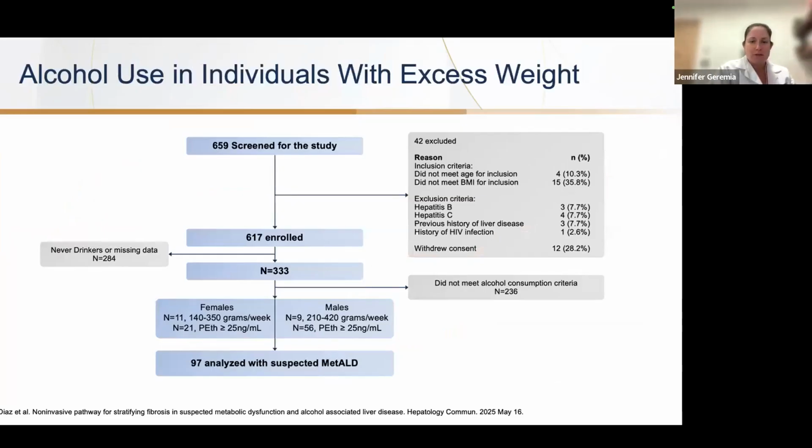And so I mentioned earlier, we're going to talk about the bidirectional relationship between hypertension, hypertriglyceridemia, and alcohol. In this analysis, they started with about 659 folks, and they really whittled it down by criteria or exclusion being mostly other types of liver disease or BMI benchmarks. And they reached 97 patients that fit the mold to be quantified as MetALD.